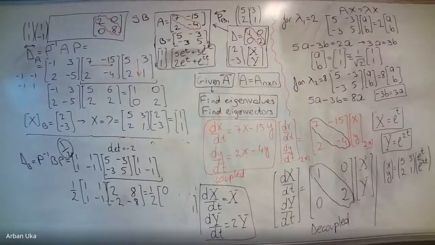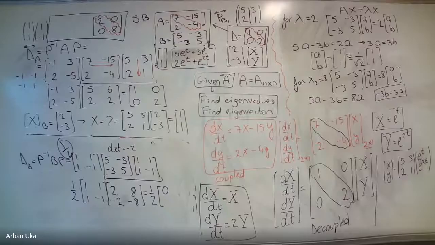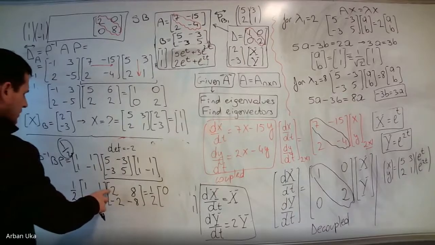I feel that in the matrix 2, 8, minus 2, minus 8, the minus 2 must be 2. I'm not sure, but I think it's 2. Where is 2? At the last matrix. Inside the matrix. Here? No, the other minus 2 should be 2, I think.